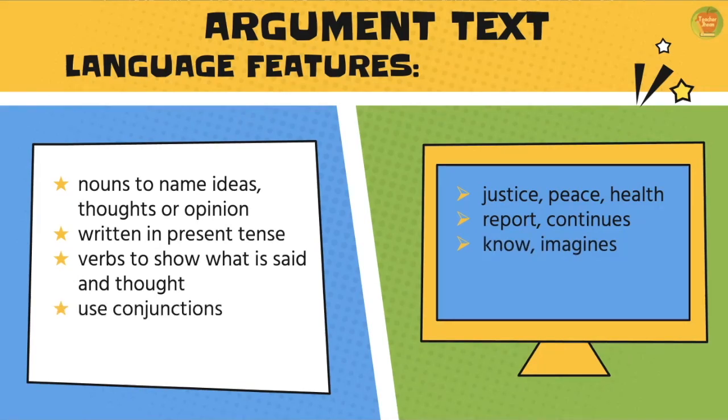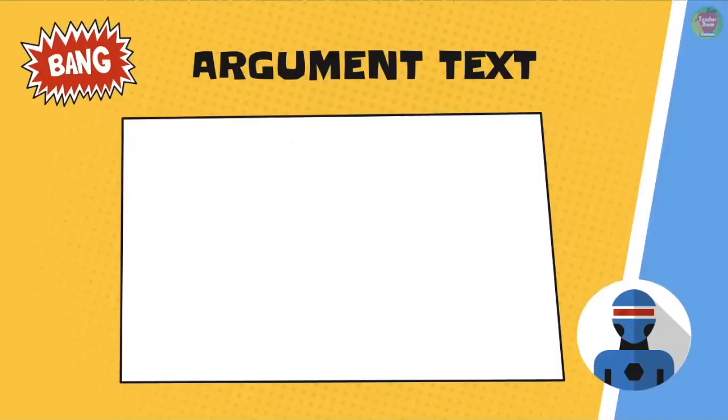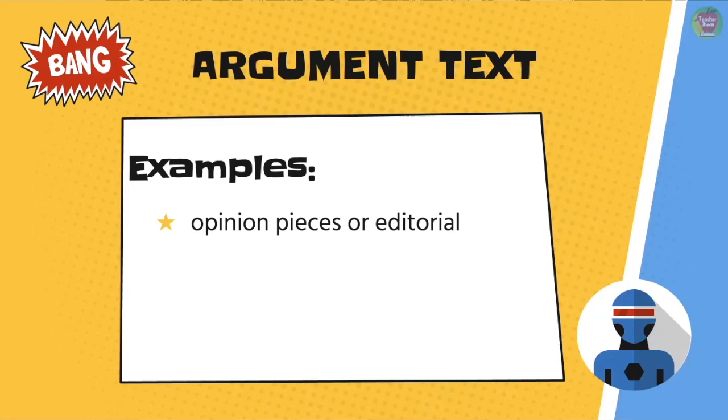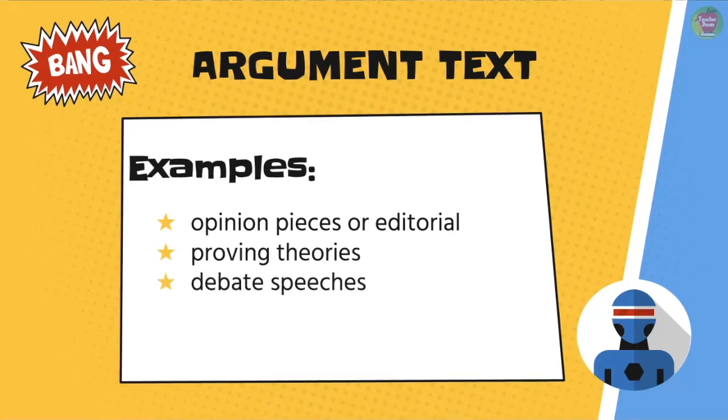And it uses conjunctions like therefore, so, however, although. The examples of argument text types are opinion pieces or editorials, proving theories, debate speeches, and film or book reviews.